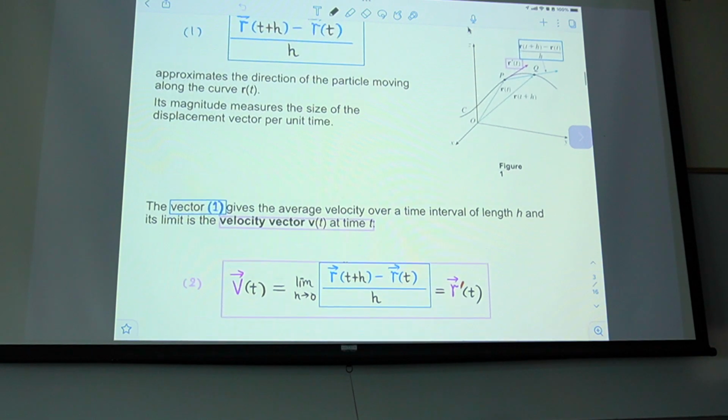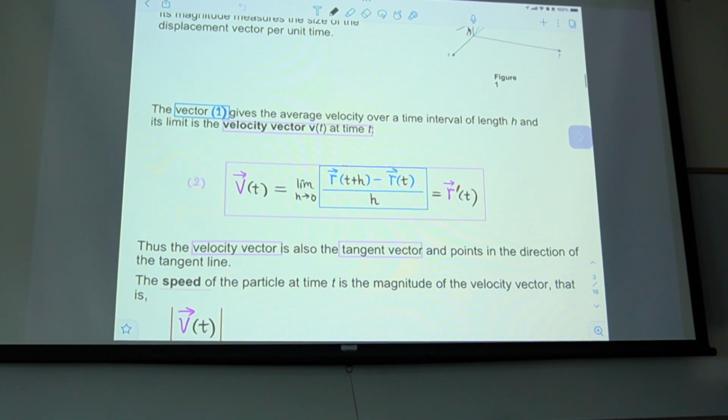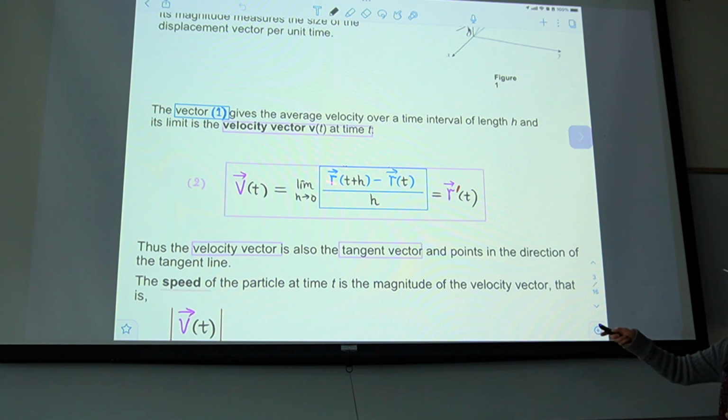This vector over here, I'm going to label this 1, gives the average velocity over a time interval of length h. We're kind of familiar with the two-dimensional case. How do we figure out the average velocity? We use the final position, subtract the initial position, and then divide by h, the change in time, the time elapsed.